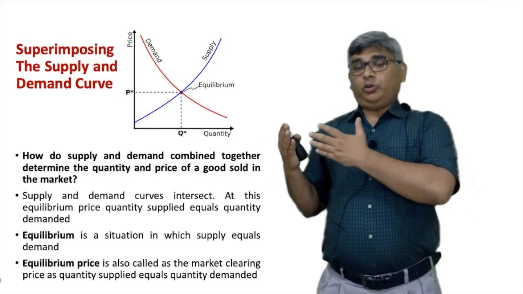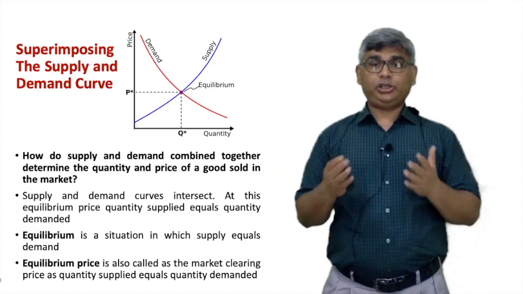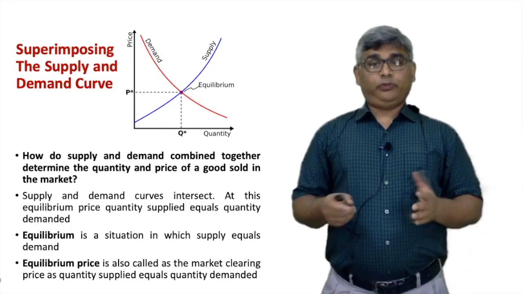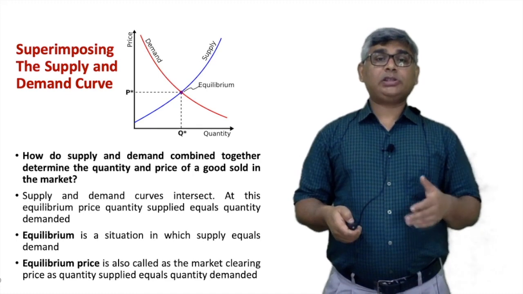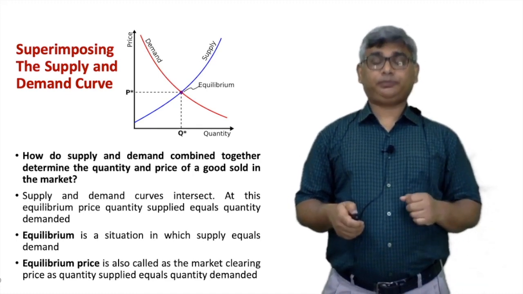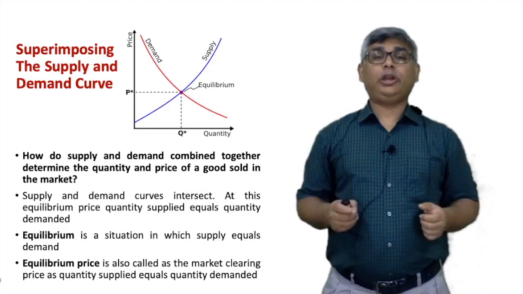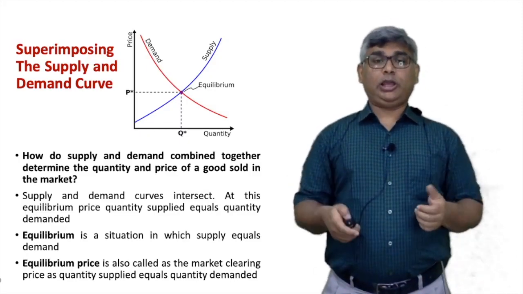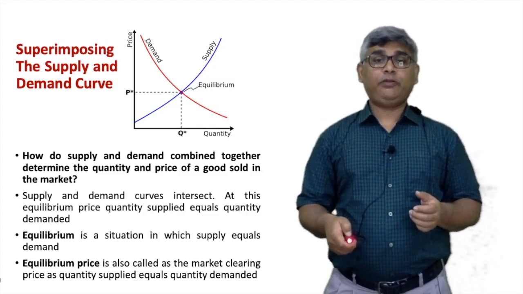Now, you have a supply curve and you have a demand curve. My question is, for these two curves, we have quantities on one axis and price on another axis. If we superimpose these two curves together, how will the picture look? The picture will look something like this. So we have a demand curve.